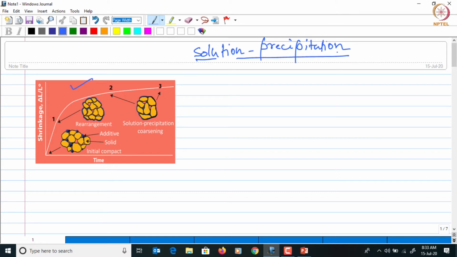As was discussed before, the small grains dissolve in the liquid and then reprecipitate over the larger grains. The densification in this stage can occur through two modes.